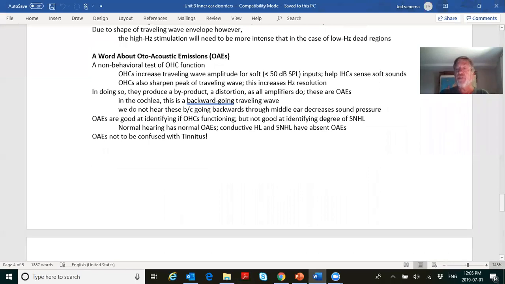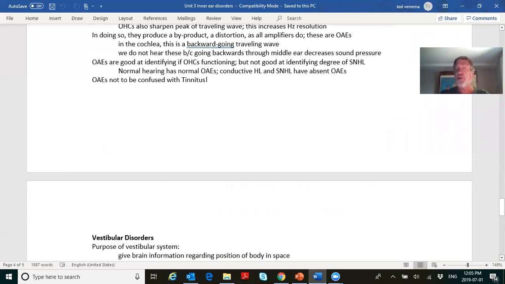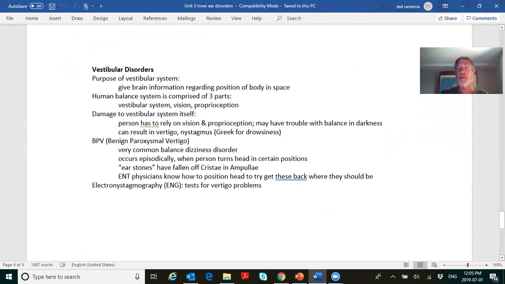If you look at the vestibular system, and we're almost done here, because this is the end of the notes. The main disorder of the vestibular system is this. Benign, meaning it's not cancer, not malignant.